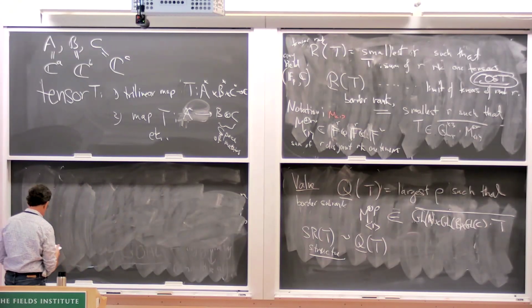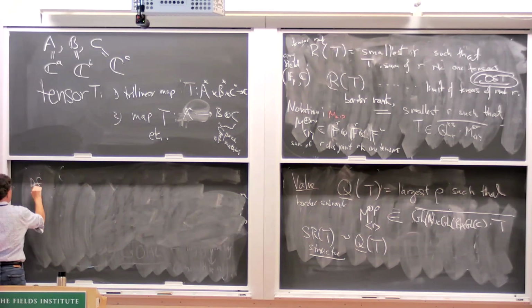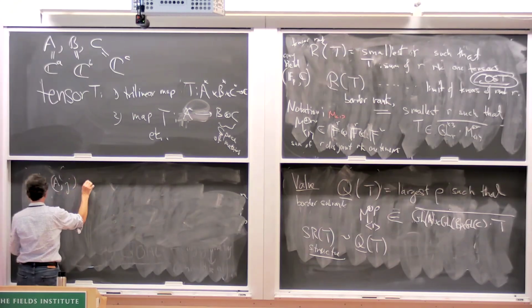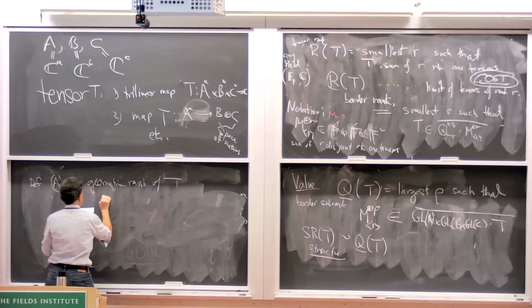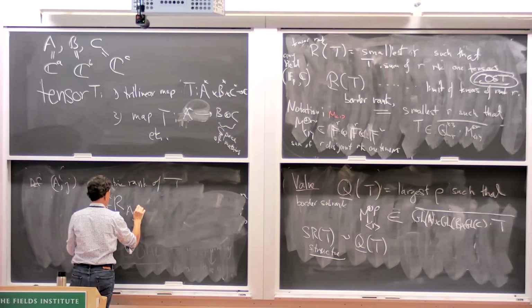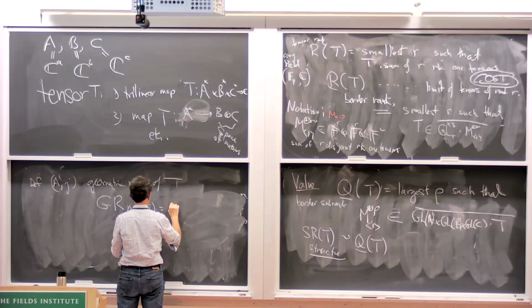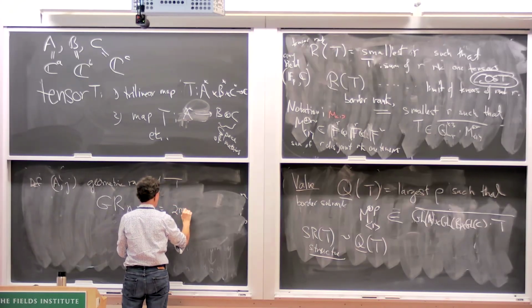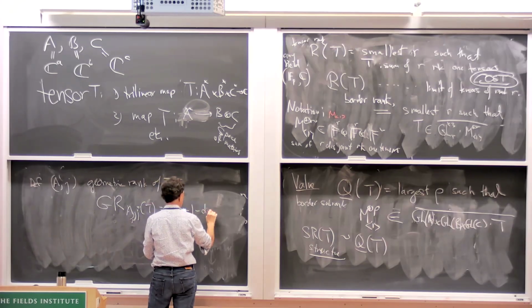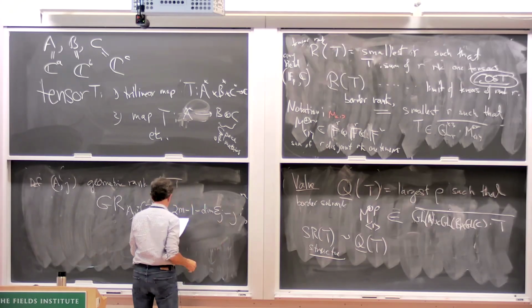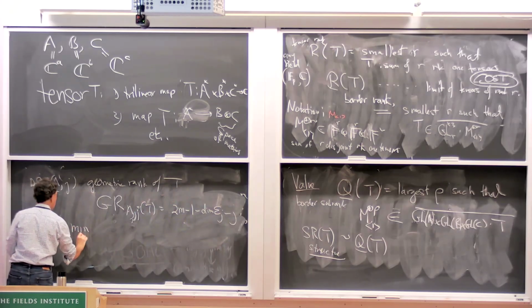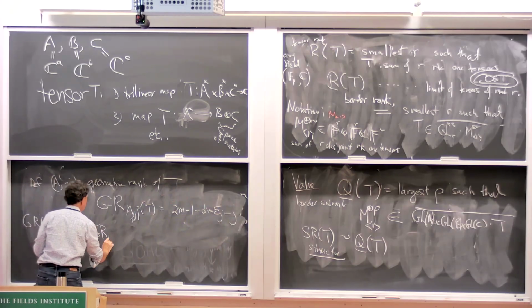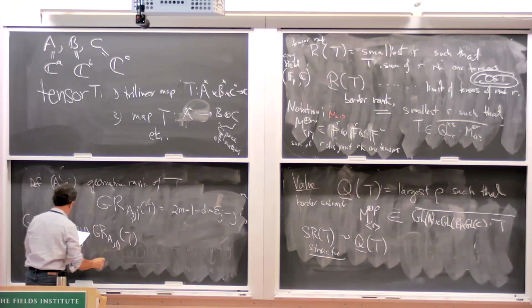And so we'll define the AJ geometric rank of T, GR A comma J of T, to be 2m minus 1 minus the dimension of this degeneracy locus minus j, and GR of T to be the minimum over j of this GR A comma J of T.